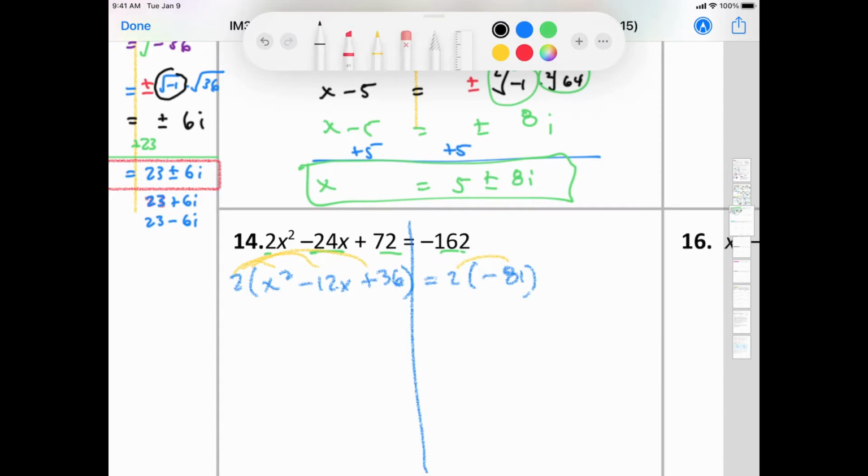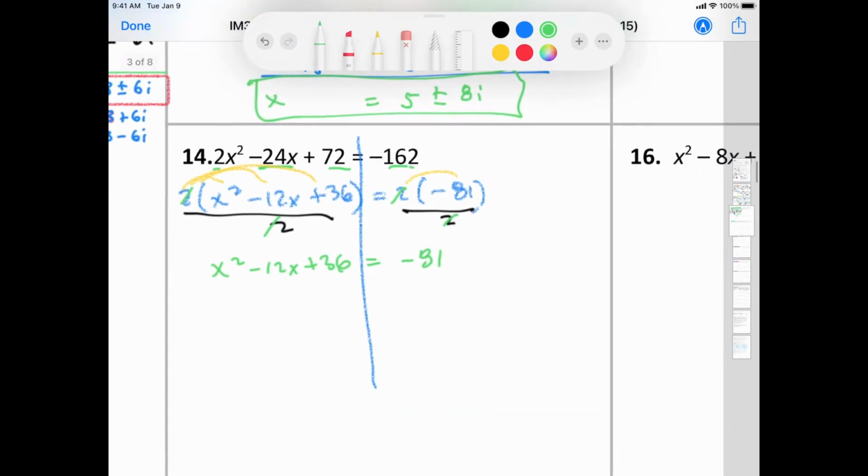Okay, so now we'll divide both sides by 2. x squared minus 12x plus 36. And I'm going to go ahead and factor that. And I got my A, B, C's.